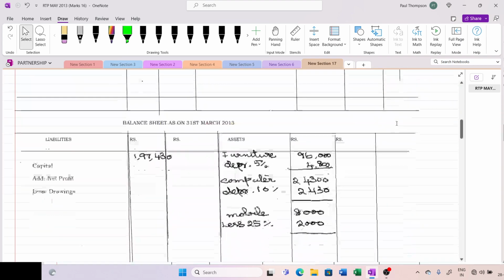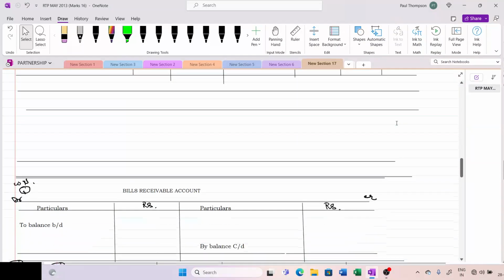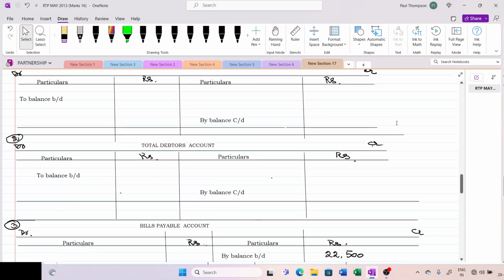This will go to our working note, opening balance of debtors. Balance brought down is 55,000. Next is bills receivable. Bills receivable opening balance is 15,000. These are all having a debit balance.